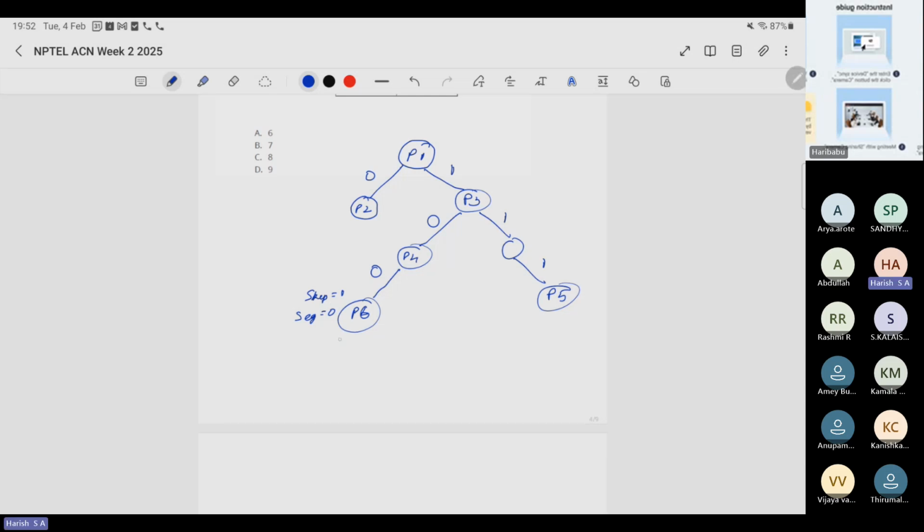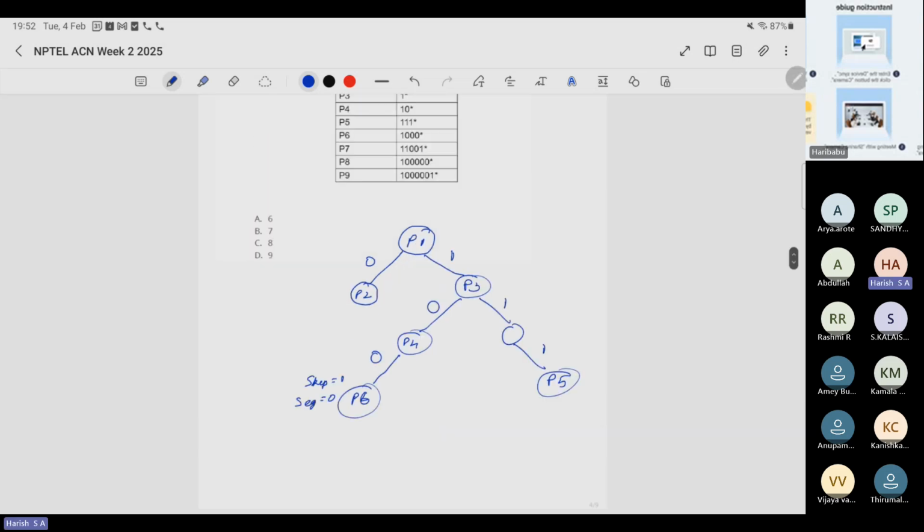And next, P7. So P7 is 11001. So 110, and I said we can compress it. How? By saying the number of times I'm skipping here is 2.